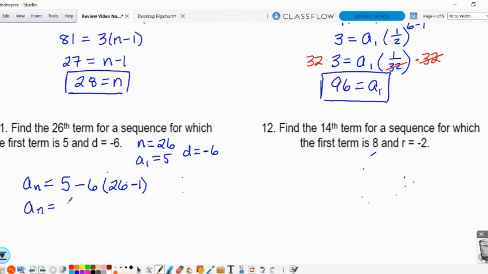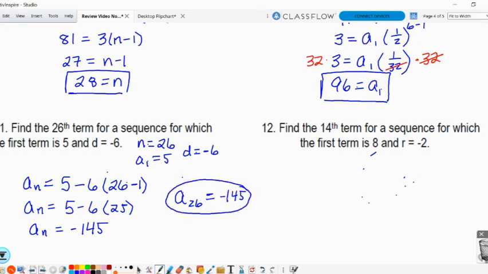And then using PEMDAS, we'll simplify inside parentheses. We'll multiply and then subtract from 5 to tell us that our 26th term is -145. So we can write that as the 26th term is -145.